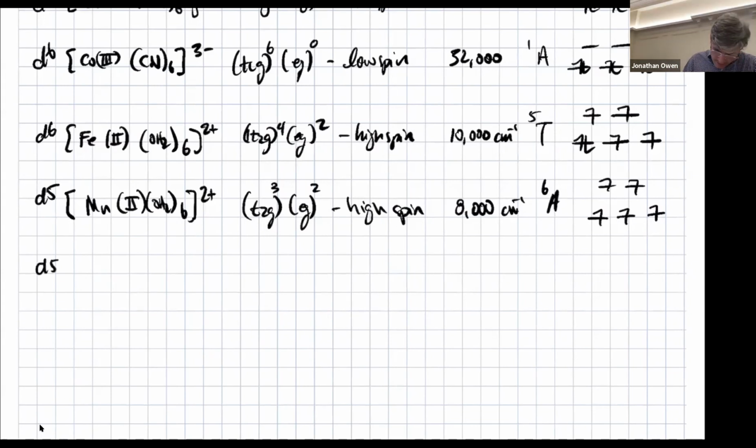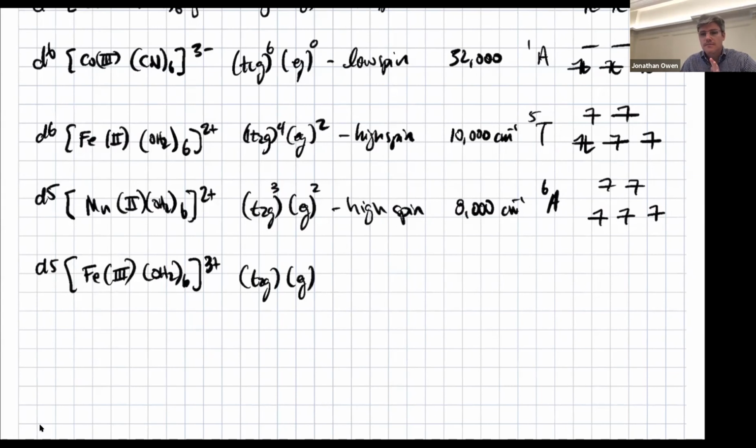Let's take a look at D5 iron 3. Whoa, baby. Hexaaquo ion. Now we've got a 3+ iron. High spin or low spin? This is on the border. It's high spin. Why does it turn out high spin? We already did cobalt hexaaquo 3+ ion. There you get to a low spin situation.